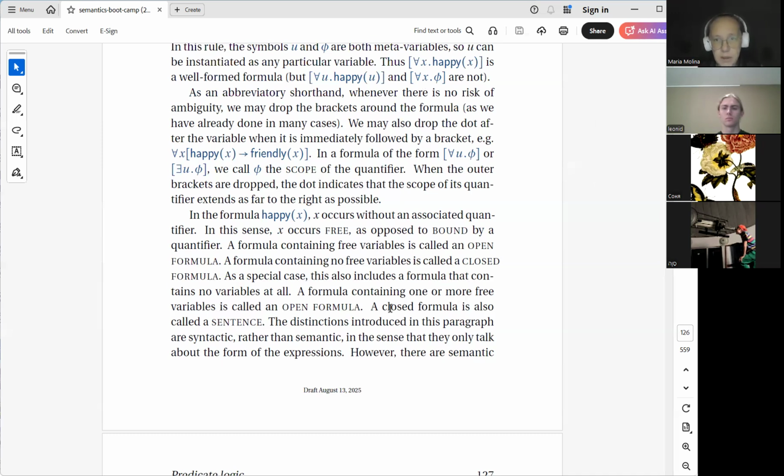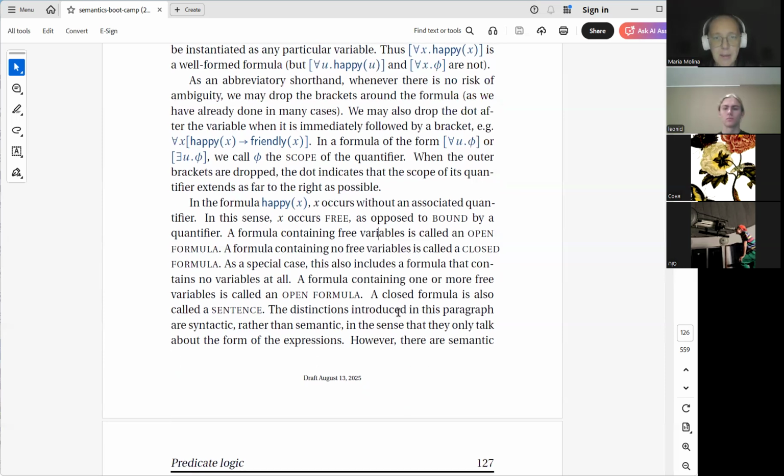So we have open and closed formulas. An open formula contains at least one free variable, not bound by a quantifier. And a closed formula contains no free variables. All of the variables are bound by quantifiers. And this closed formula is also called a sentence.